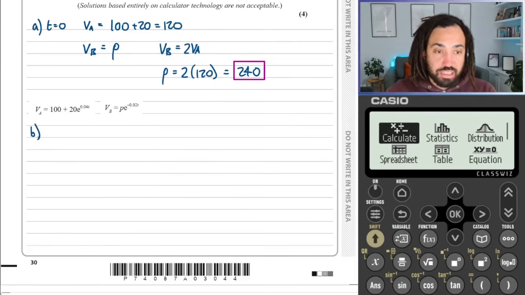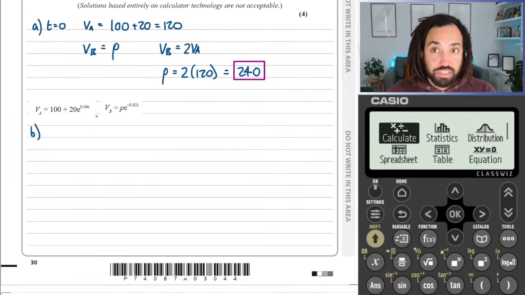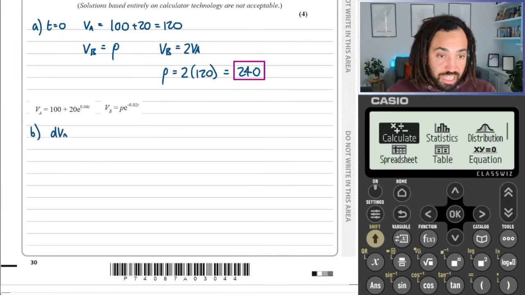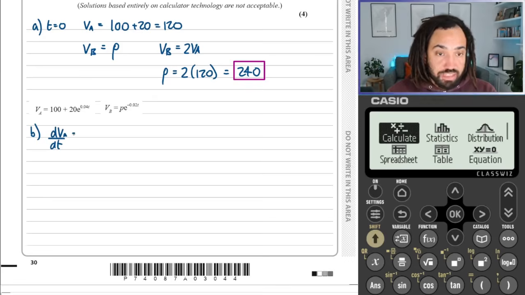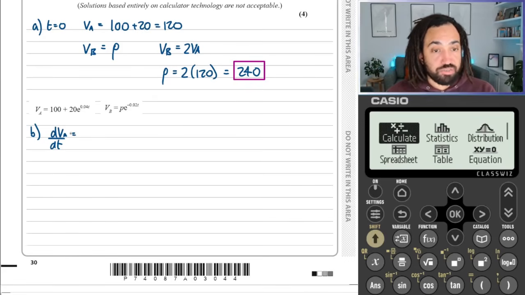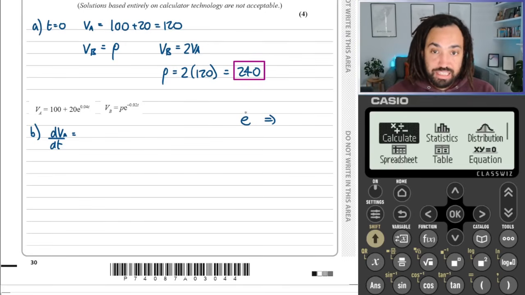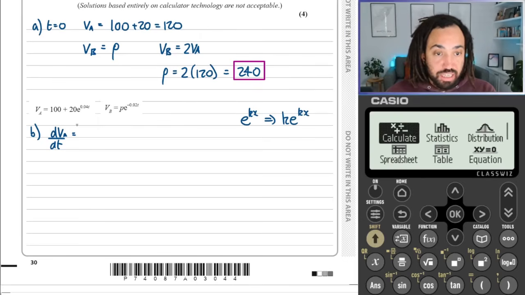Okay, so part B, like as I said, we need to work out the rate of increase and decrease, so we need to differentiate them. So dVA by dt is equal to, well, 100 is constant, so that differentiates to 0. Hopefully we know that if we have e to the kx, that differentiates to k e to the kx. So by that logic, if we differentiate with respect to t, the 0.04 is going to come down and multiply by the 20.